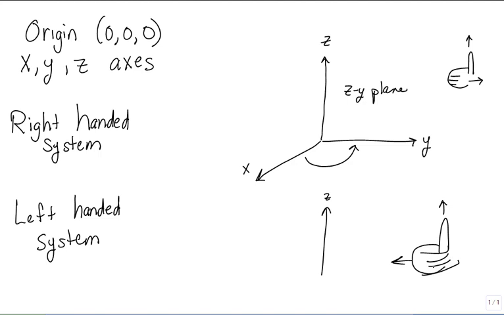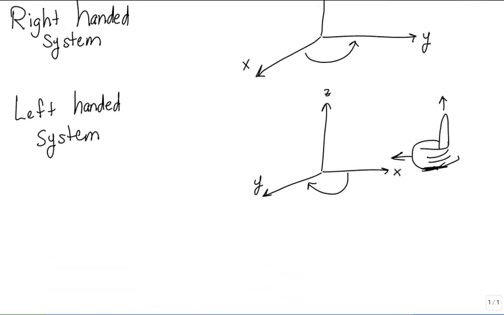So this time, the x-axis is in the plane, and the y-axis is pointing straight out at you. So the x-axis is at the end of your palm, and it wraps around left to the y-axis. So that's why it's called a left-handed system.